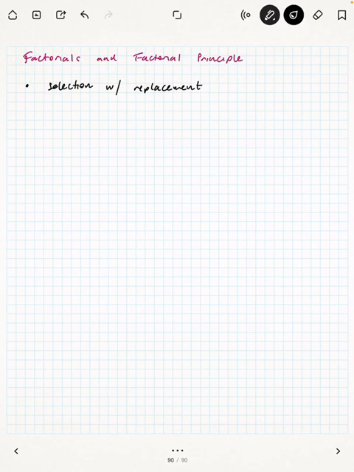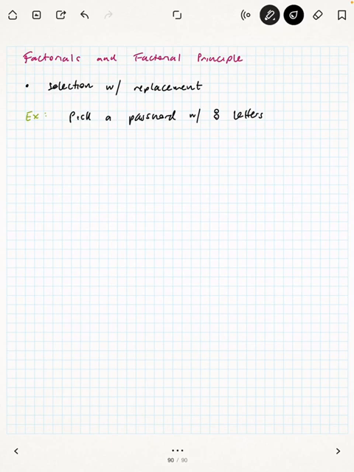So, for instance, let's think about, as an example, picking a password with 8 letters. You're allowed to repeat, okay? So if you're allowed to repeat, how many total possibilities do you have?